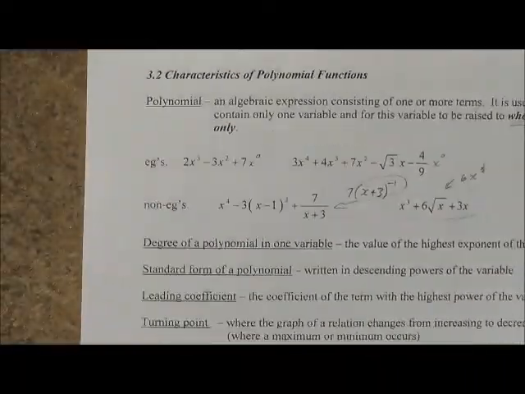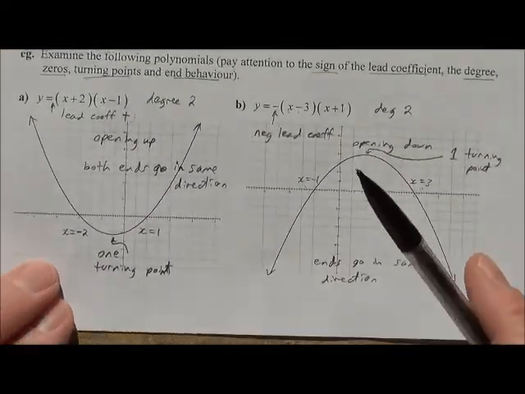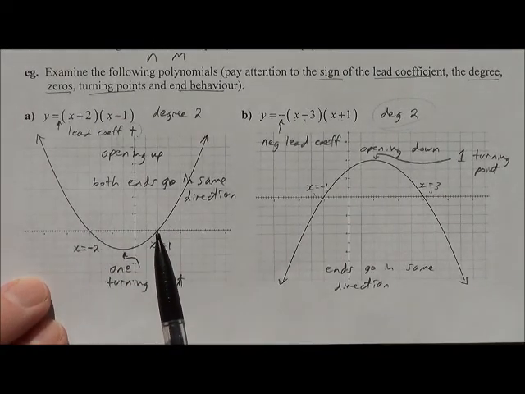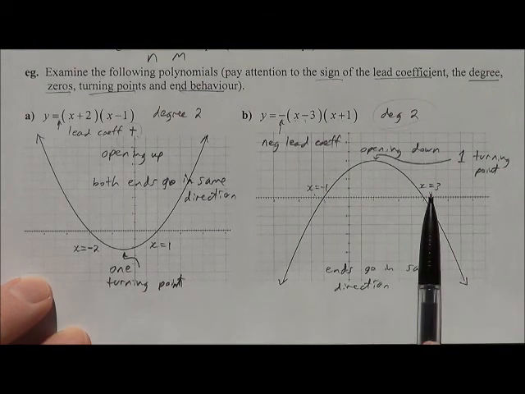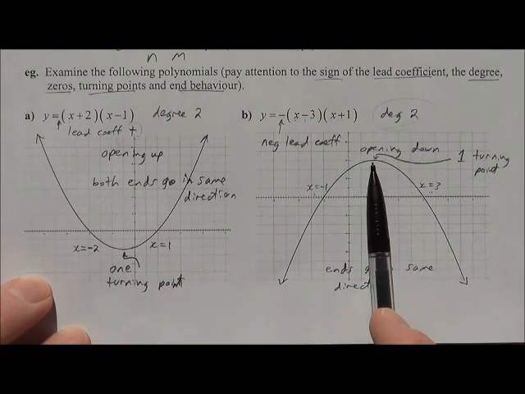Notice from our quadratics, 1, 2 zeros for degree 2, and 1 turning point.